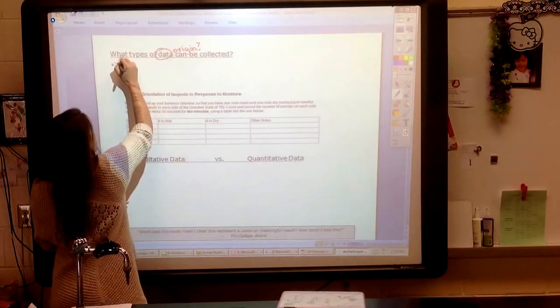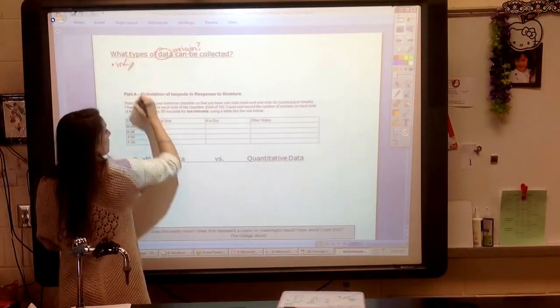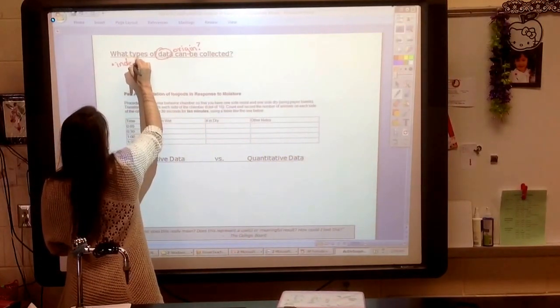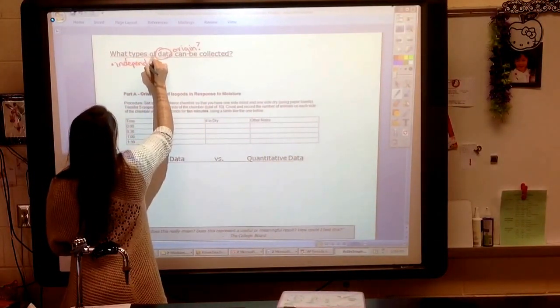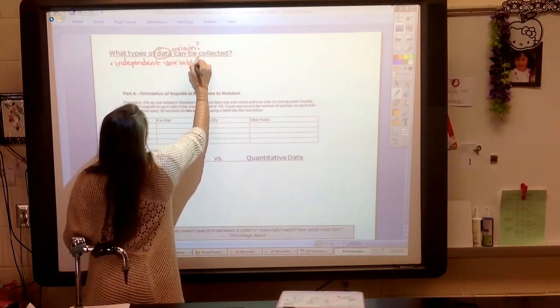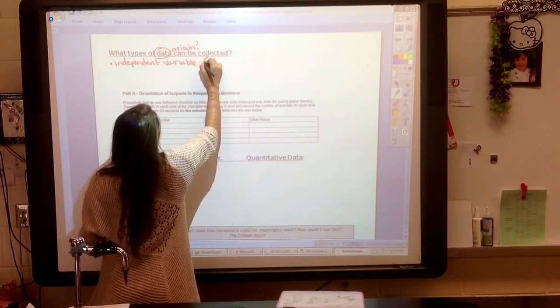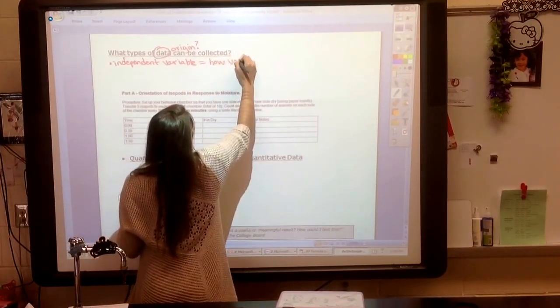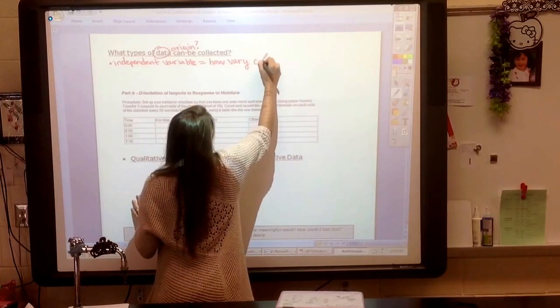What you vary is called the independent variable. The independent variable is how you vary the conditions.